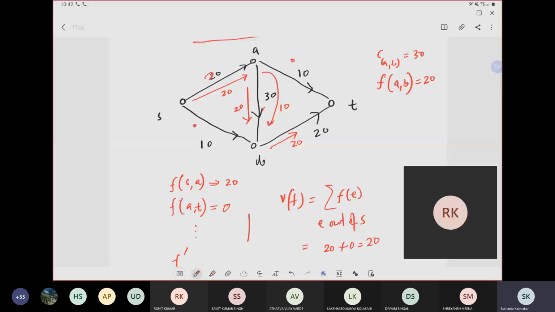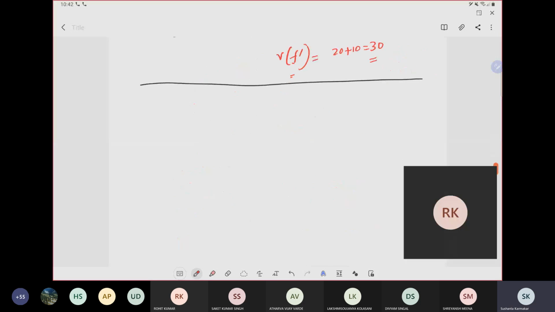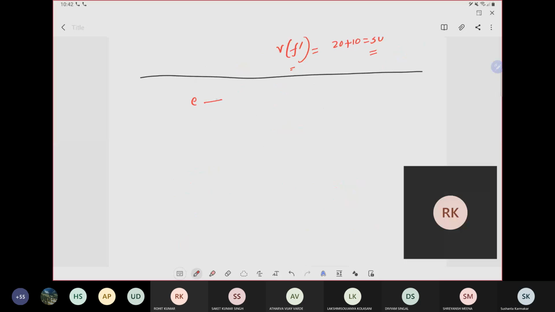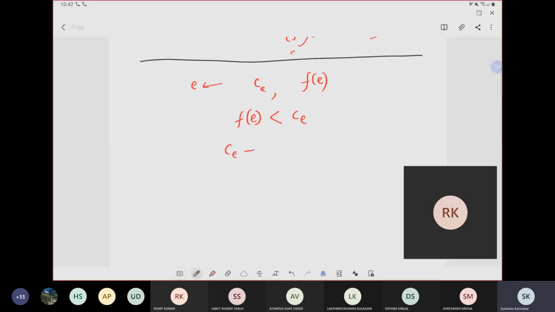So it is called that we can push forward on edges with leftover capacity. If an edge is E, and it has a capacity CE, and it has a flow assignment of FE, and if FE is strictly less than CE, then we say that it has a leftover capacity of CE minus FE.